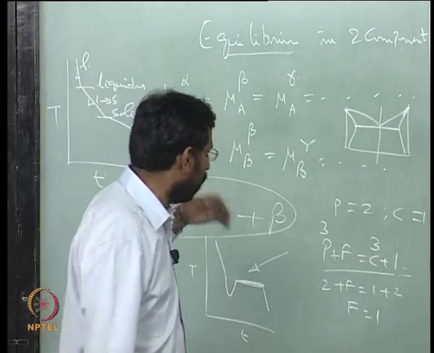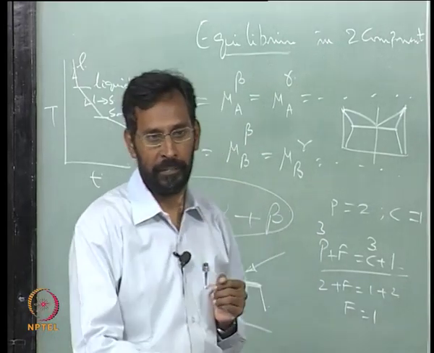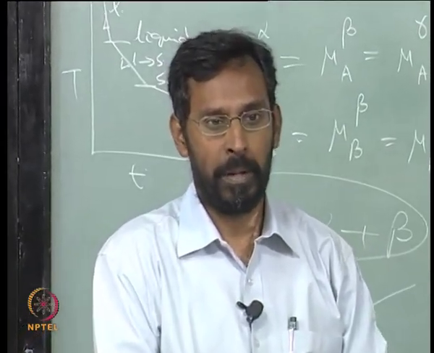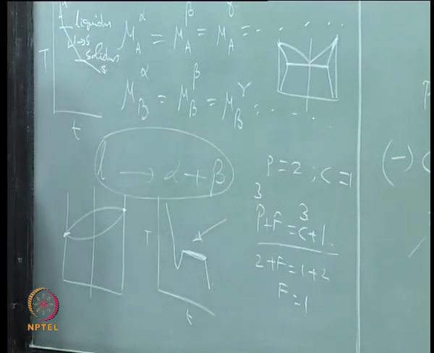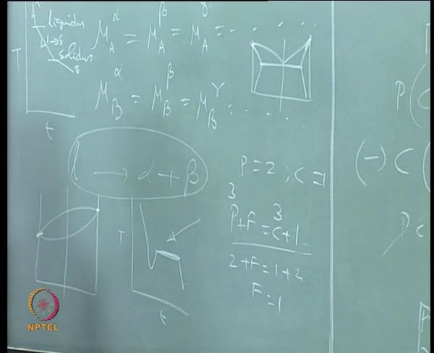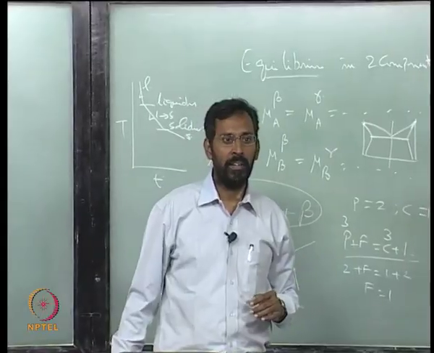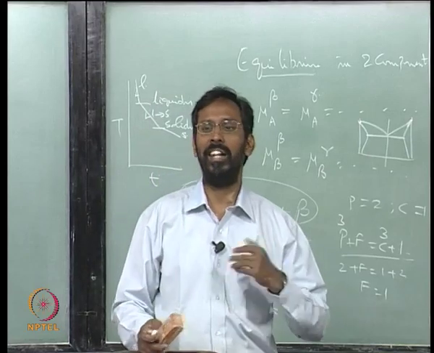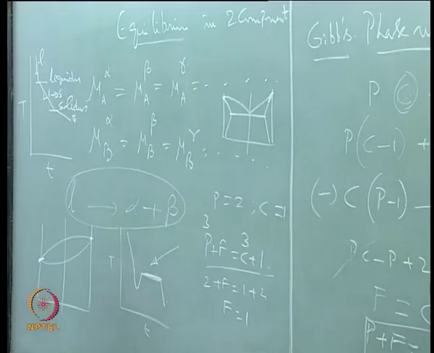So that is why there is a standard way of asking: a binary eutectic in a ternary system is univariant, but at the same time you can have other types of eutectics where a liquid gives 3 phases. In many ternary systems such eutectics do exist, where one liquid gives alpha plus beta plus gamma, and such a reaction will definitely be an invariant reaction in a ternary system, because there P will be 4, C will be 3, then F will be again 0.